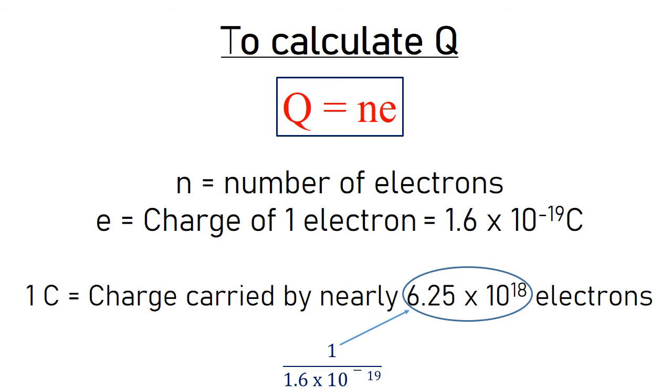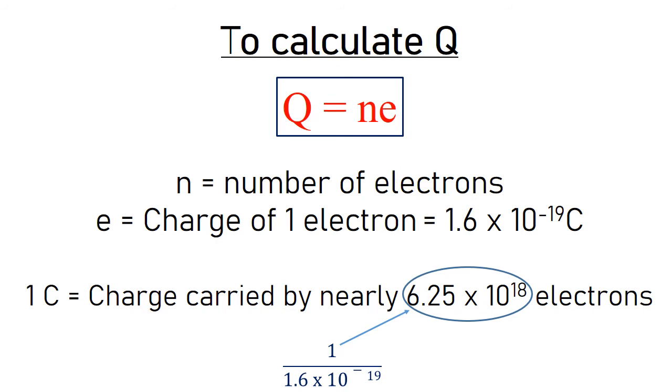So what is 1 coulomb? It is the charge carried by 6.25 into 10 to the power 18 electrons. If you take N as 6.25 into 10 to the power 18 and e as 1.6 into 10 to the power minus 19, when you multiply these two, you will get the answer 1, that is 1 coulomb of charge.